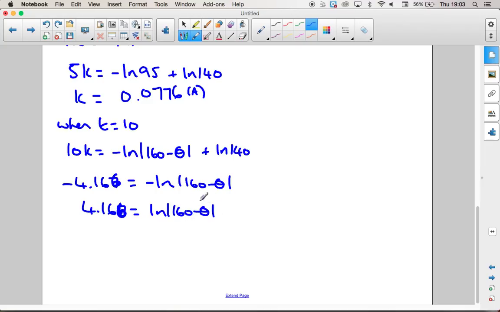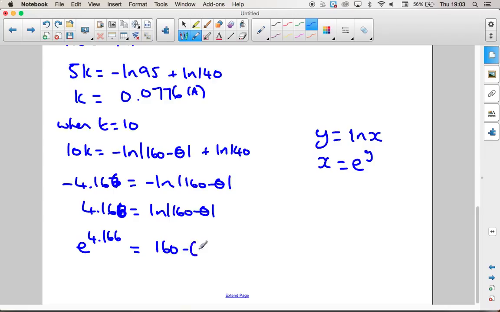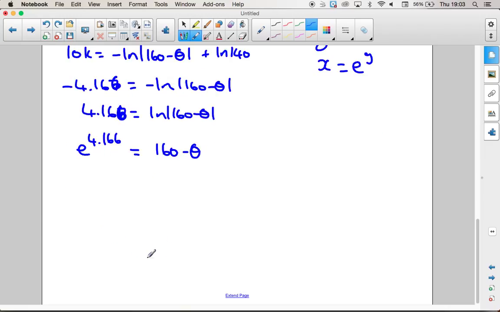Anyway, how do we un-ln this? Well, we know that if y equals ln of x, then x equals e to the y. So if we have e to the power of 4.166, that will equal 160 minus theta. So I'm now going to do e to that number, my 4.166, which comes out at 64.46.